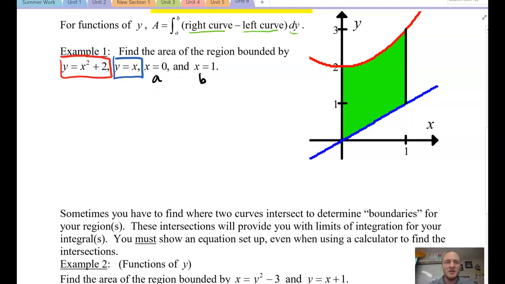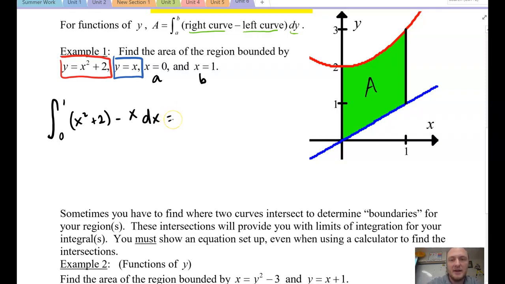So if I want to calculate this area, which is right here, this is what they want us to calculate. I need to integrate from a to b, so from 0 to 1, of, remember, the top curve minus the bottom. So that's going to be x squared plus 2 minus x, and we are integrating with respect to x.